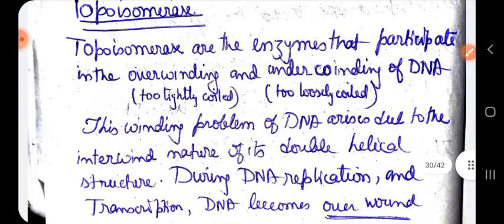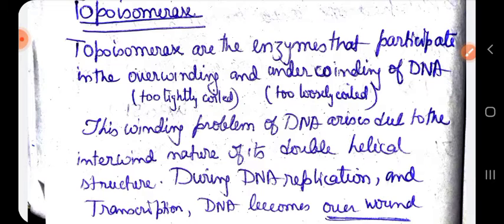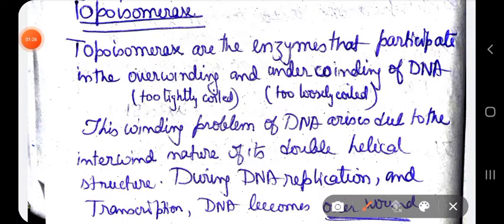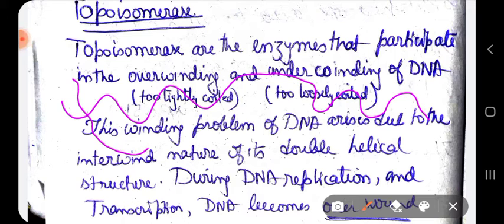Overwinding means, suppose there is a very loosely coiled DNA, so you can see that not too much winding has taken place. The DNA double helical nature has been loosely coiled.